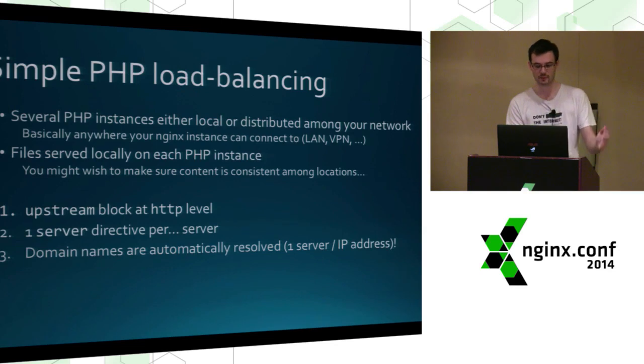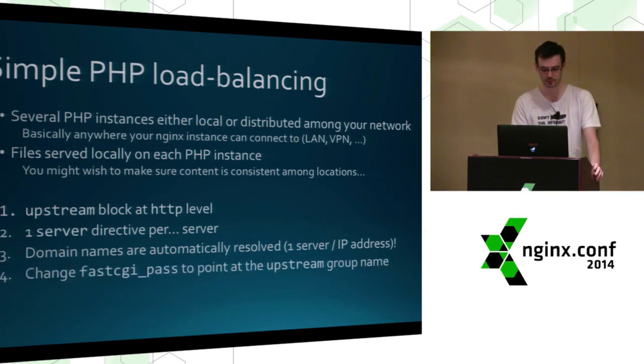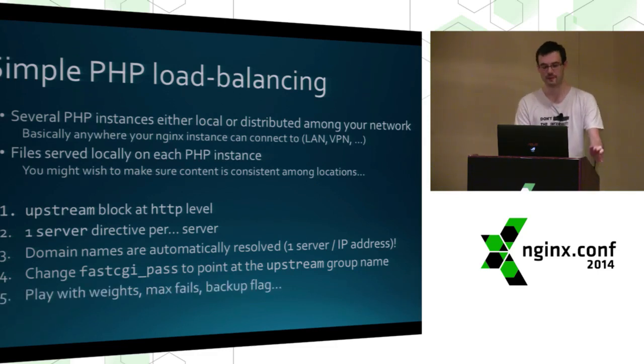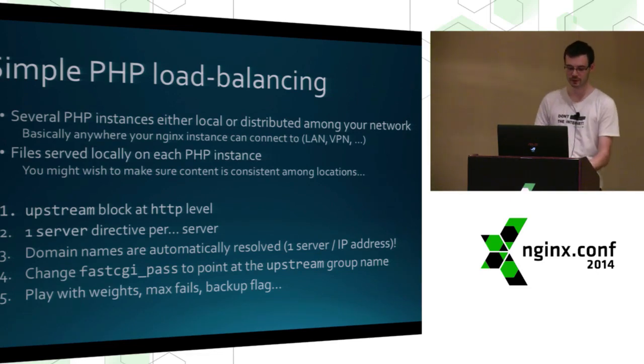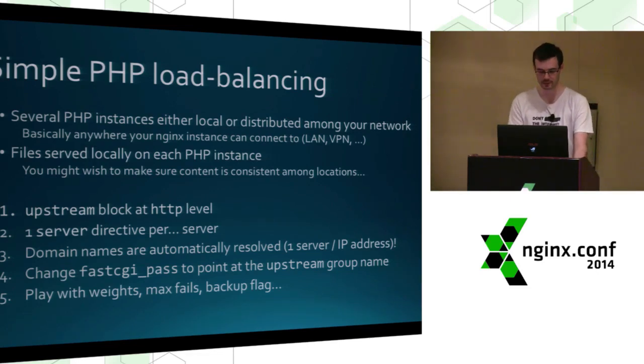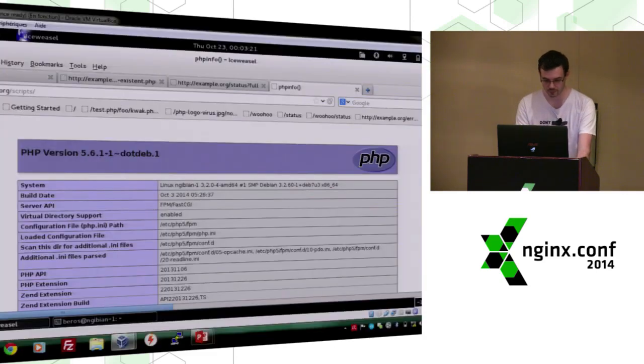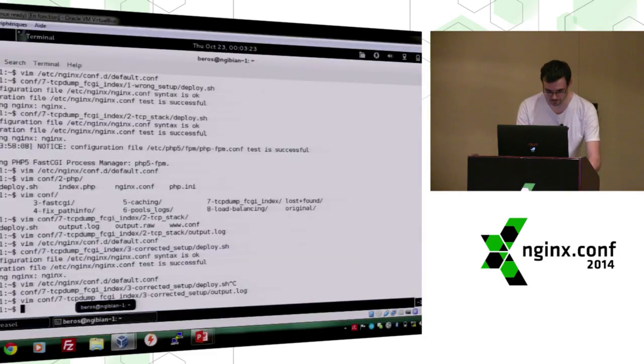Actually, that's what Nginx does. That's pretty cool. And you just need to change fastcgi_pass not to a specific socket but to the upstream group, and it will be load balancing automatically among servers. And then you have some specific flags, weights. You can do some pretty nice load balancing, but I will be just showing you a very, very basic one.